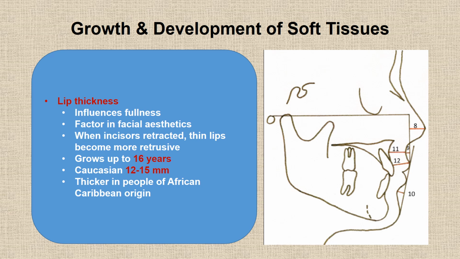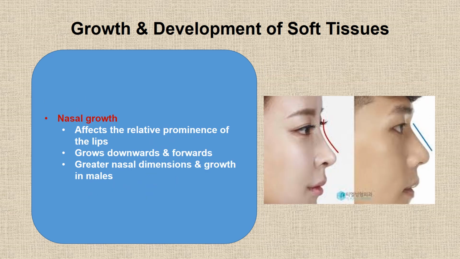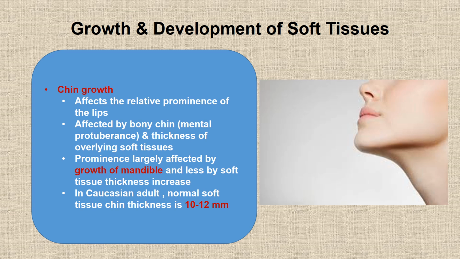Now, nasal growth. Nasal growth affects the relative prominence of the lips, and the nose tends to grow downwards and forwards. Generally, nasal dimensions and growth are greater in males compared to females. Chin.